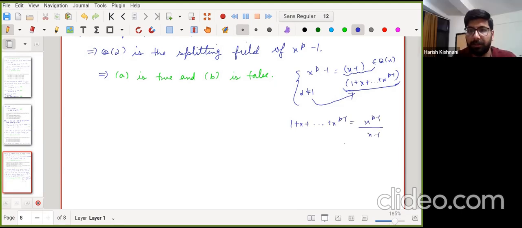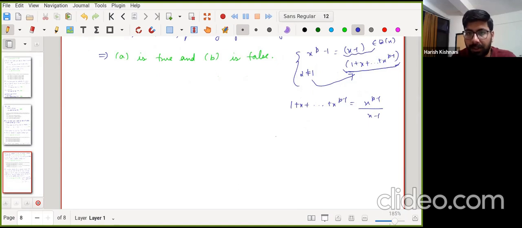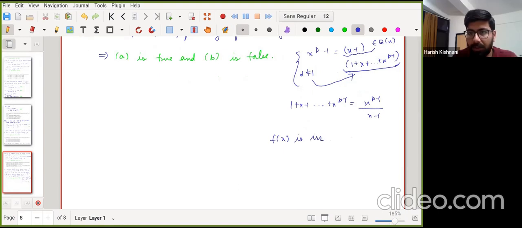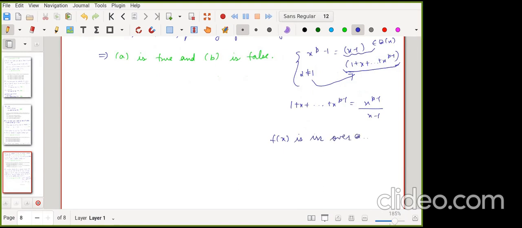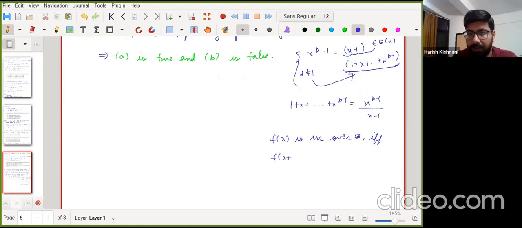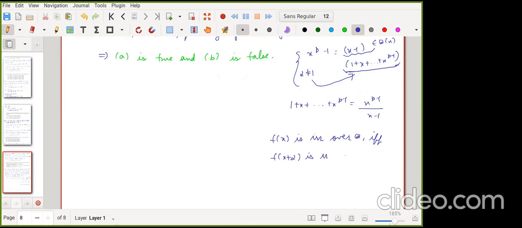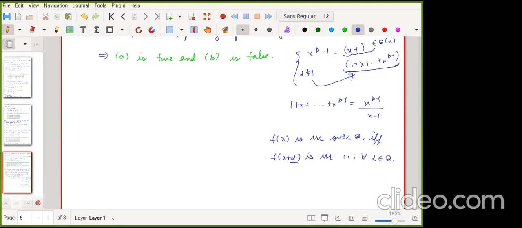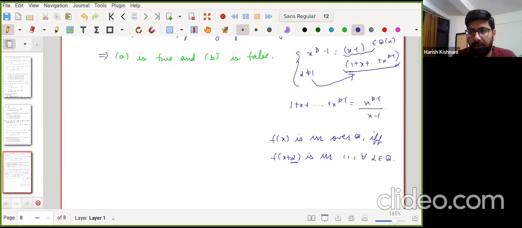Then we showed in that lecture that f(x) is irreducible over Q if and only if f(x + alpha) is irreducible over Q for all alpha in Q. So if you take alpha to be 1, then f(x) is reducible if and only if f(x + 1) is reducible. And we can take alpha equal to 1.